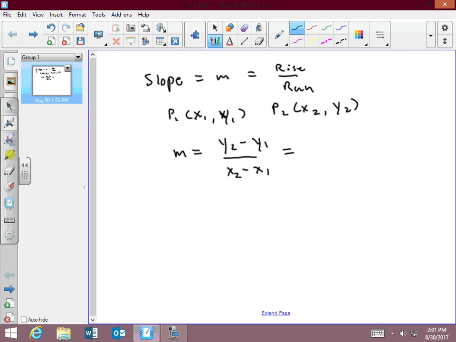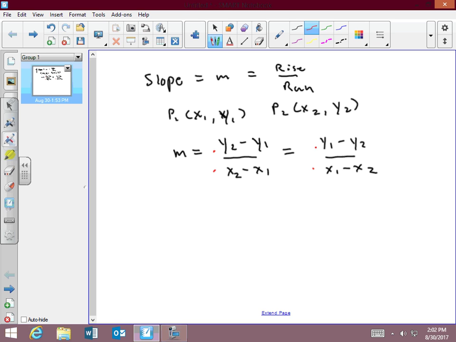Now, you can do it this way. You can do y1 minus y2 over x1 minus x2. The only difference when you calculate it these 2 different ways is, for example, one will be a positive number over positive number, then this would be a negative over negative.